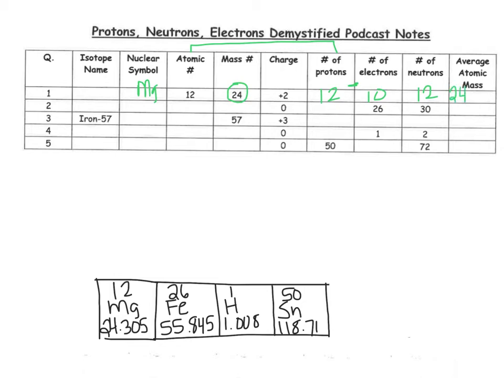And when you look at magnesium on the periodic table, you get 24.305. And so in symbol form, we would write a 24 on top, a 12 on bottom, and then the 2 plus goes in the top right-hand side. And in order to give it an isotope name, we would write out the word magnesium.